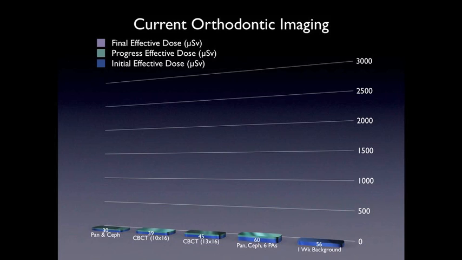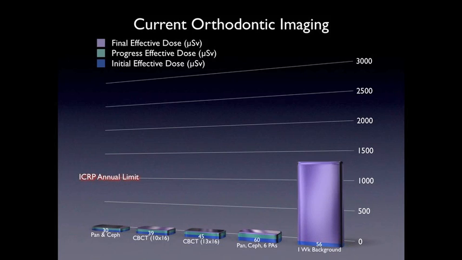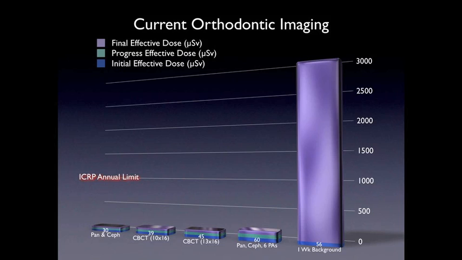Now, if we were to take 3 series of orthodontic imaging protocols inside of 1 year and compare that to the annual background dose, you can see how even at larger exposure protocols, this is absolutely dwarfed by the effective dose of ionizing radiation that we acquire from just simply being alive.